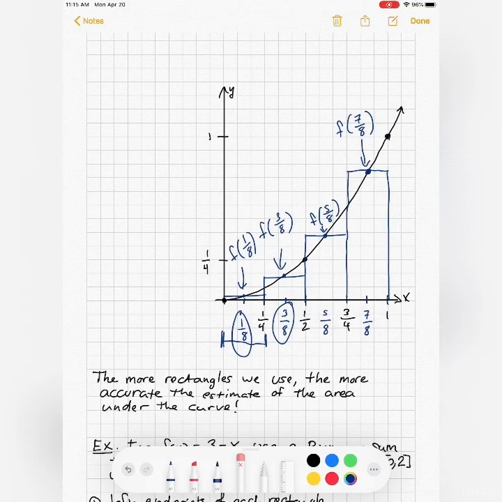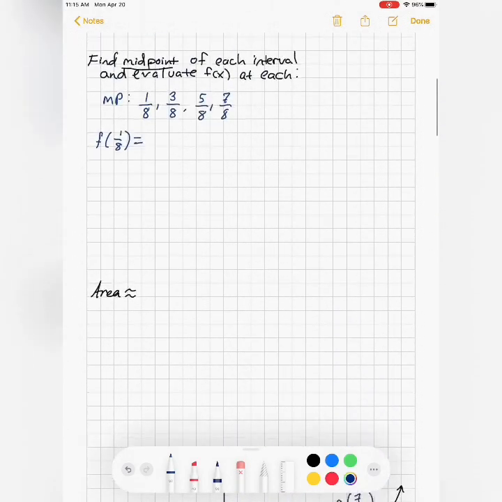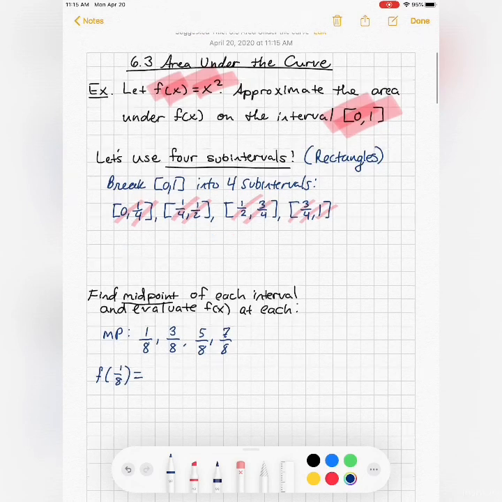Just cleaning this up a little bit. And we can go back and add to this, but let's go ahead and evaluate the function. So the function is x squared.